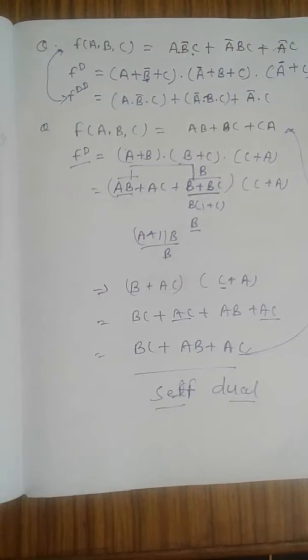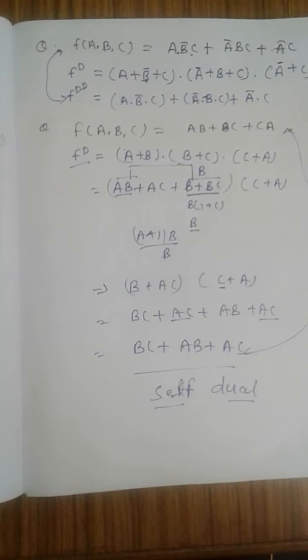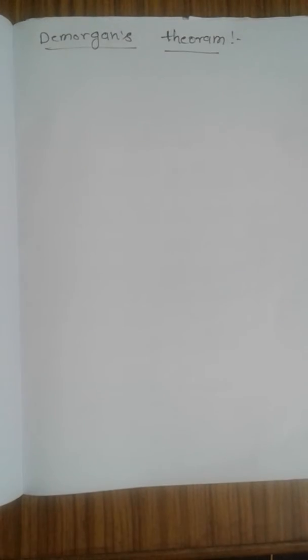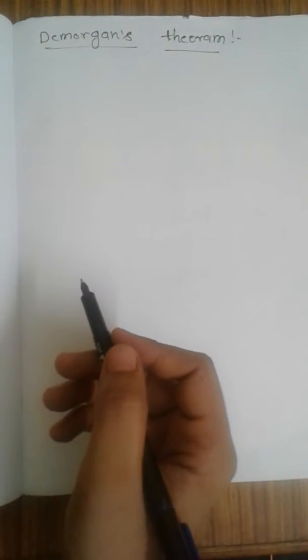I will introduce a new theorem called De Morgan's theorem. According to De Morgan's theorem, if you have to complement any function, just complement each and every element of that function and convert plus to dot and dot to plus.